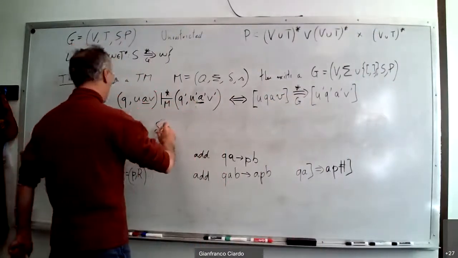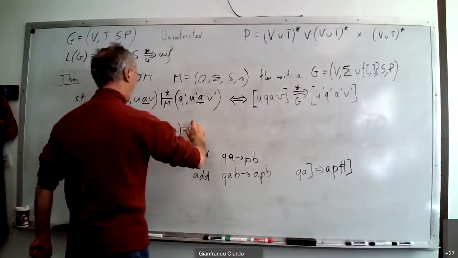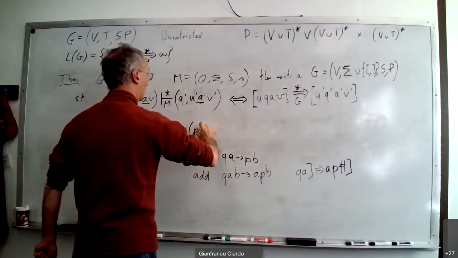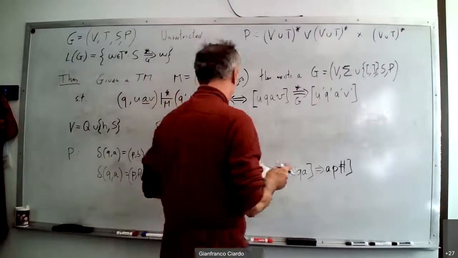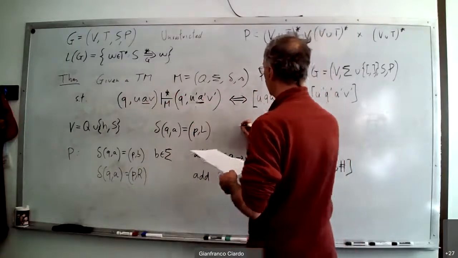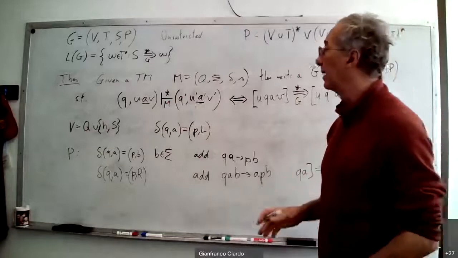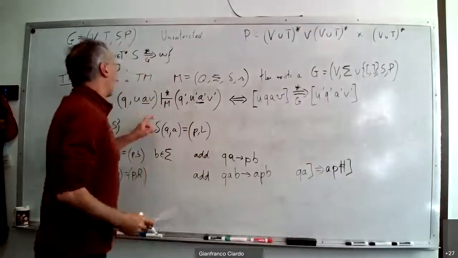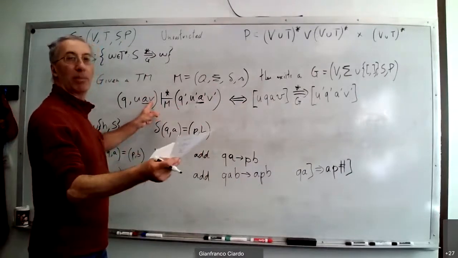Then if I have delta QA equal P left, this is a little more complicated just because, well, remember, V cannot be a number of blanks, right?